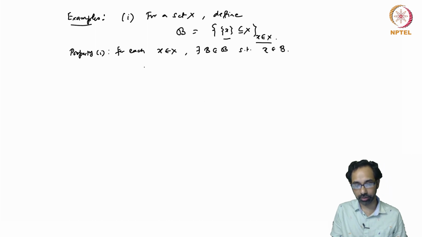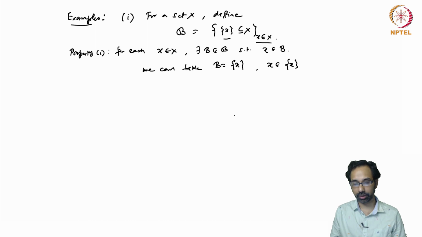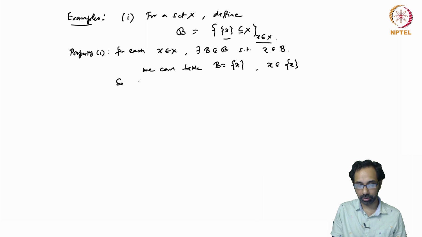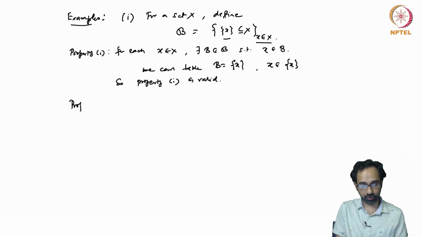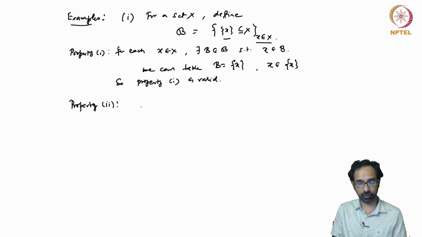And this is true because, well, we can take B to be the singleton set itself here. So of course X belongs to this singleton set. So property 1 is valid. Now we can also check property 2 for the definition of a basis.